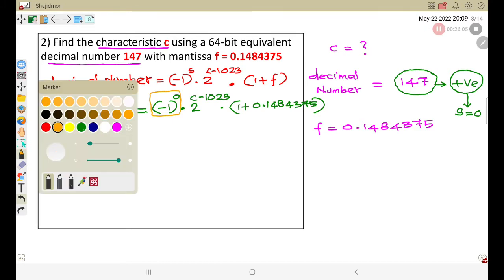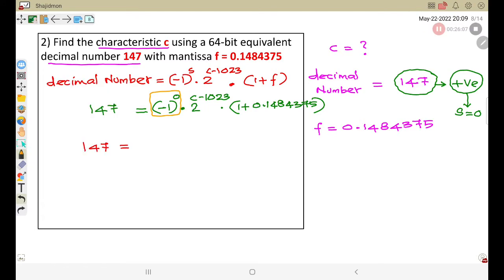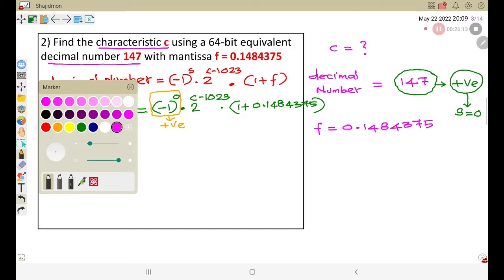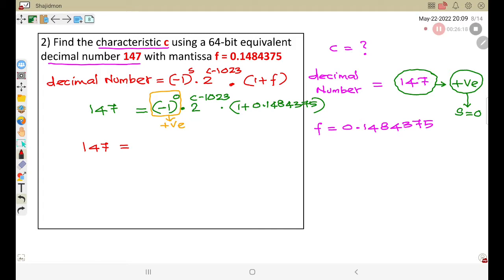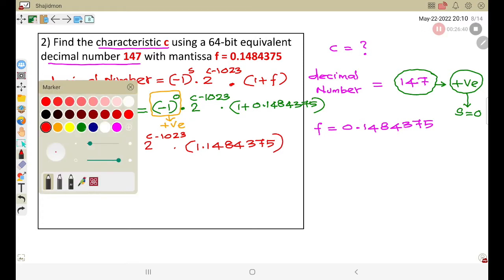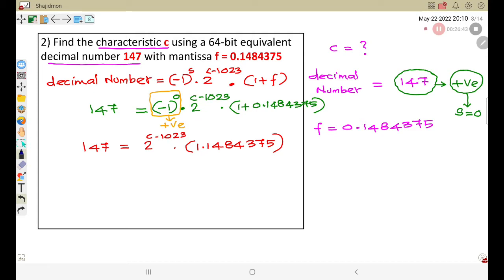Minus 1 power 0 is positive, meaning the number is positive, so there is no need to write a positive sign. So 2 power c minus 1023 multiply 1 plus 0.148, which we can add: 1.1484375. Clear?